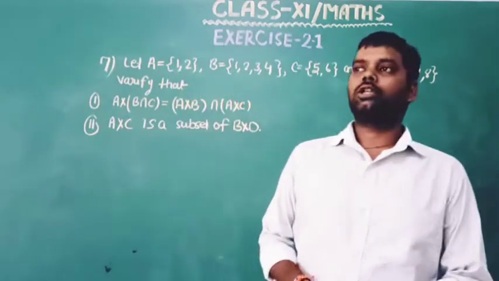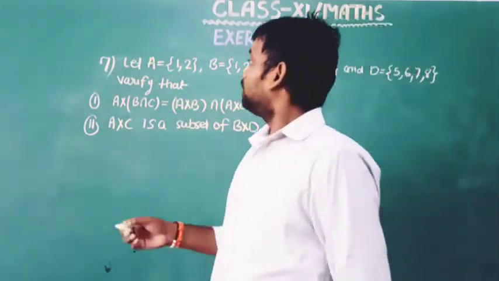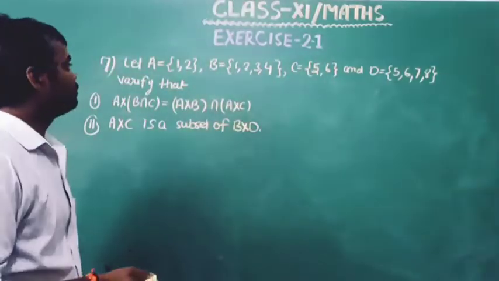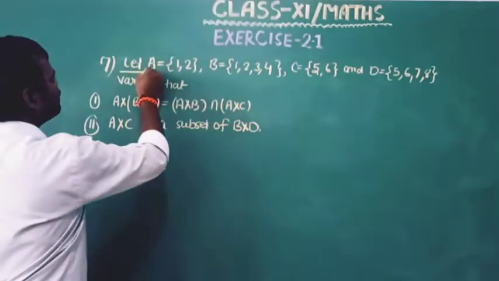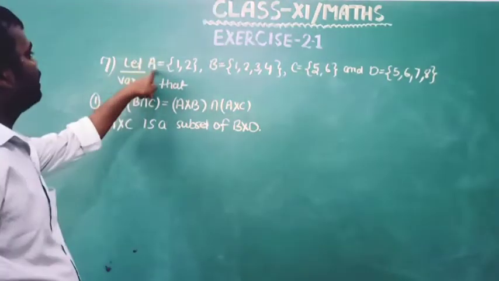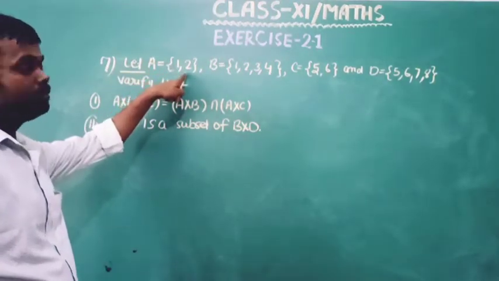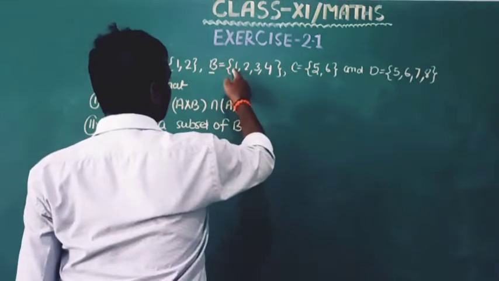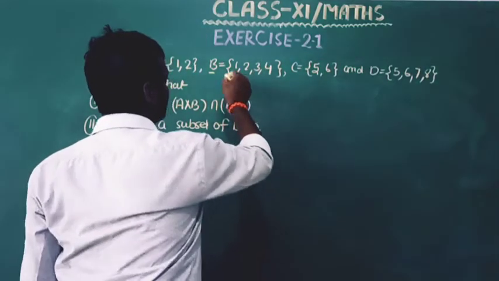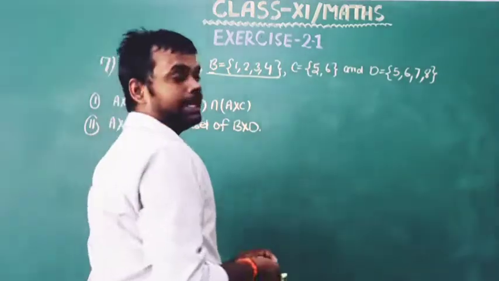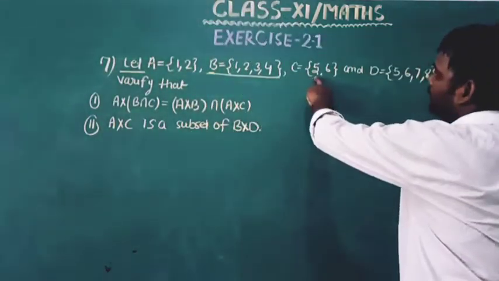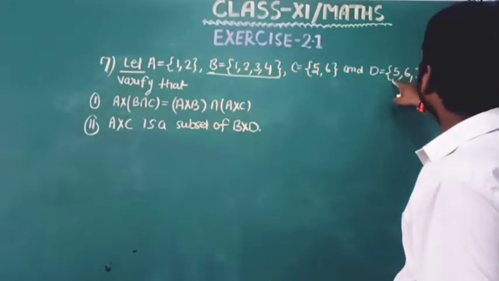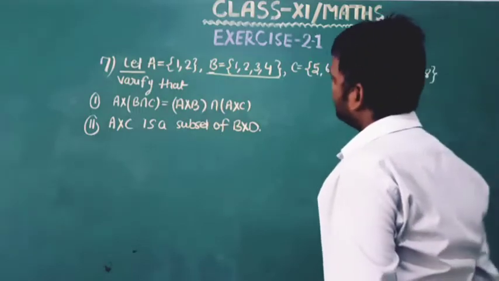Further, moving to question number 7. In this question it has been given: let set A have elements 1, 2, set B have elements 1, 2, 3, 4, set C have elements 5, 6, and set D have elements 5, 6, 7, 8.